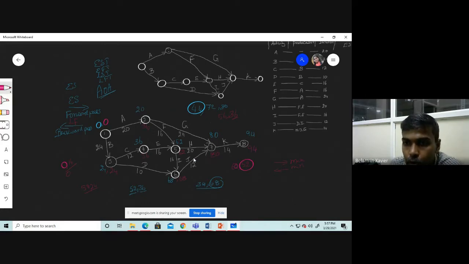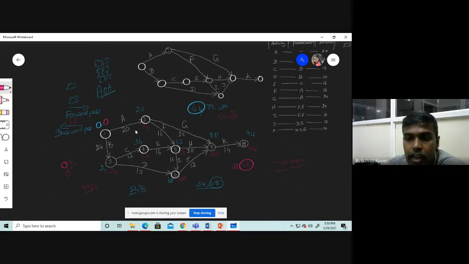Okay, so when we go for J, activity J has to be finished late by 80. 80 minus 12, you can get 68. That is latest starting time of activity J is 68. But the same 68 is the latest finishing time of activity I. Clear?